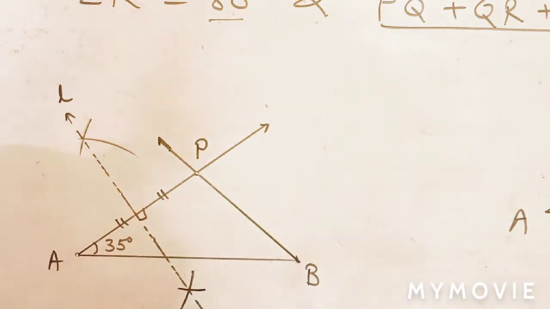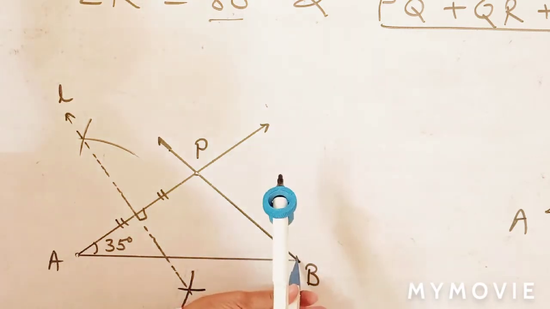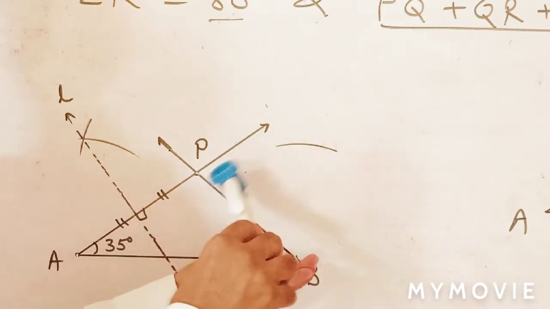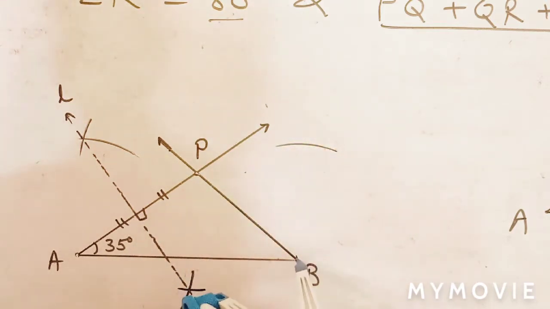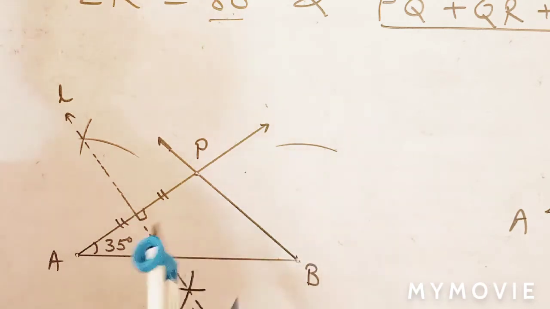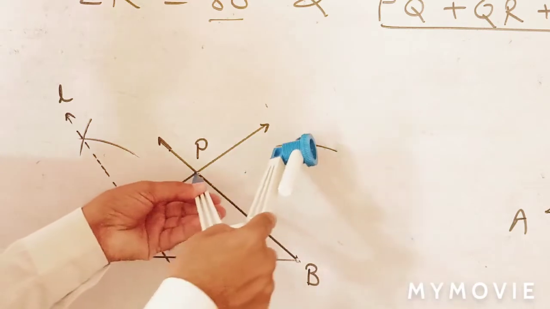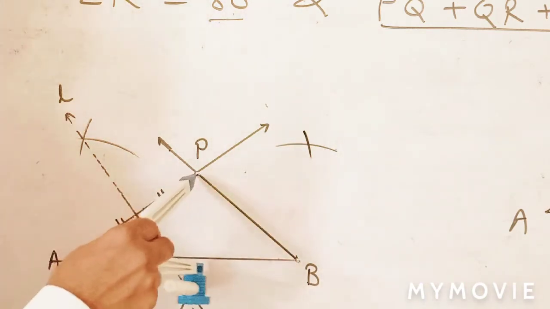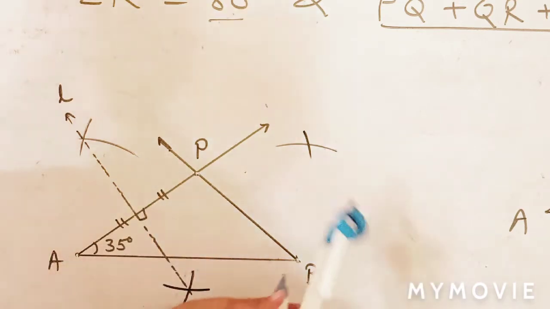Same way, draw the perpendicular bisector of PB. More than half of PB again. More than half. We will see where they intersect. They should intersect. Not intersecting here.